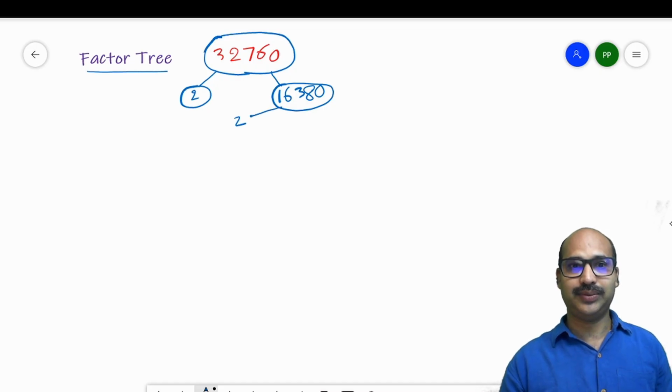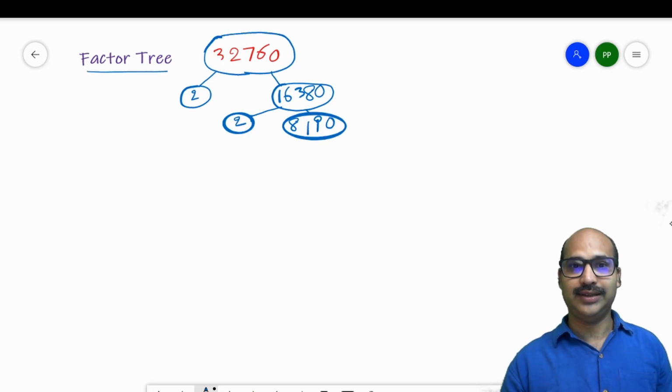2 into, 2 eights are 16, 2 ones are 2, here 1 8, 2 nines are 18 and 0. 8190. 2 into 8190.